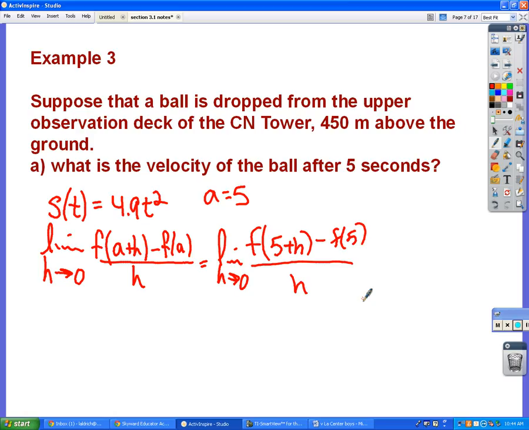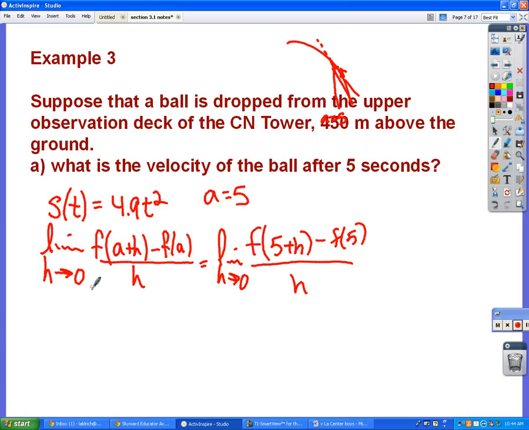A is time. What we're trying to do, as you might remember from before, is we have a graph of the ball that's falling, and we're trying to find the slope of the tangent line at a equals 5. What we did before is we took another point and drew a line between the two points, and we wanted those points to get closer and closer together, so that the distance between them becomes 0.